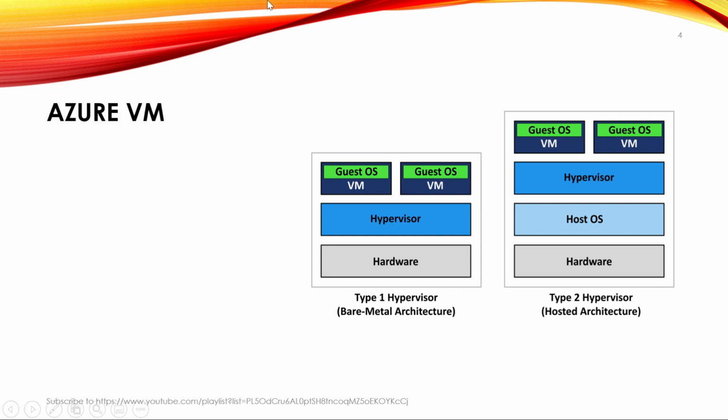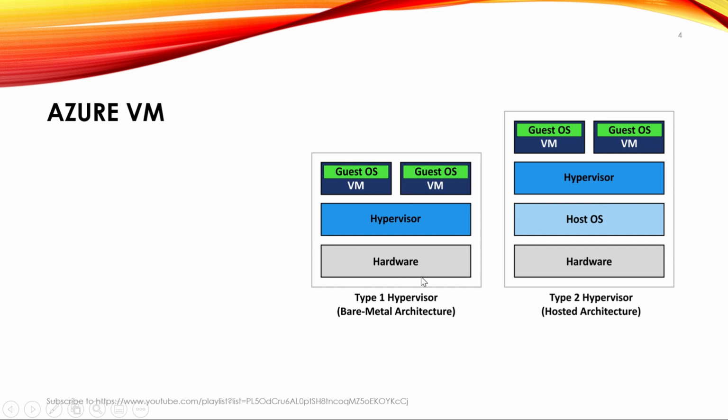As you can see in this diagram, we have two different things, right? This one is your physical representation of the hardware, and on that you can use the guest virtual machine, right? There are two different types of architecture which you can use for the virtual machine.